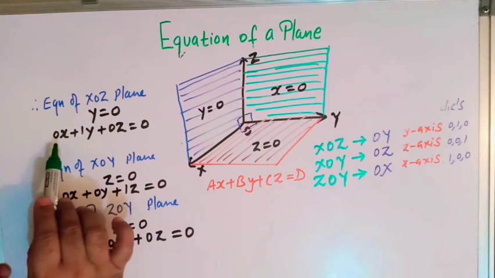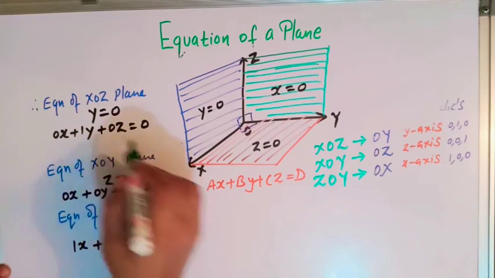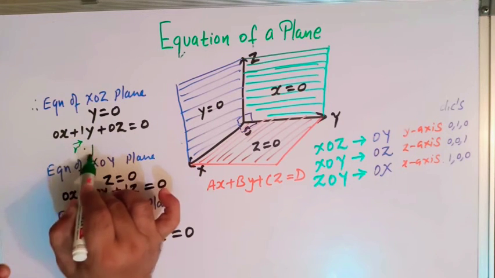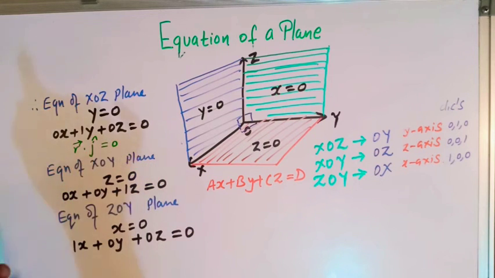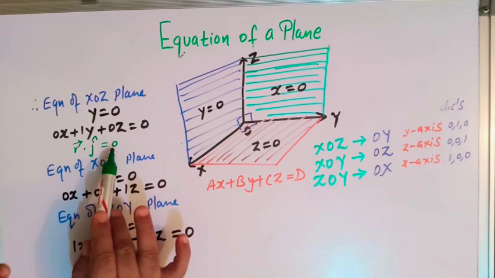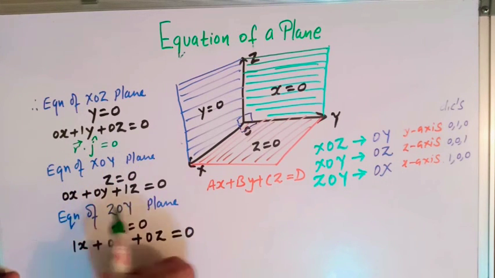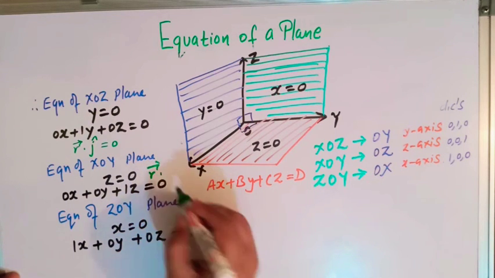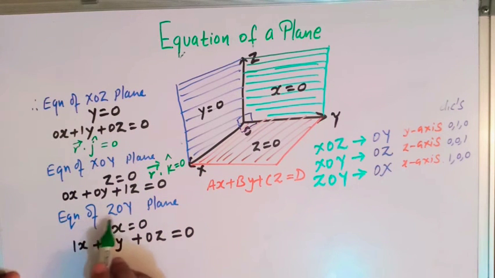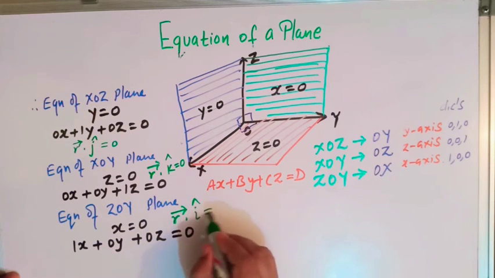Now the vector form of the equation of XOZ plane we can write here, that is r dot j cap is equal to 0, right? So vector r dot j cap is equal to 0. Now the vector equation of XOY plane is r dot k cap is equal to 0, and the vector equation of ZOY plane is r dot i cap is equal to 0.